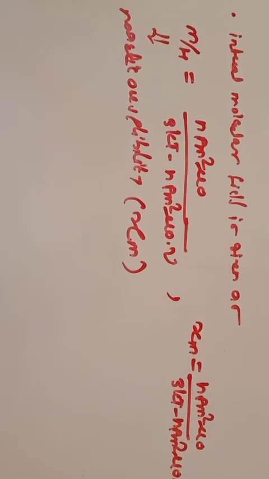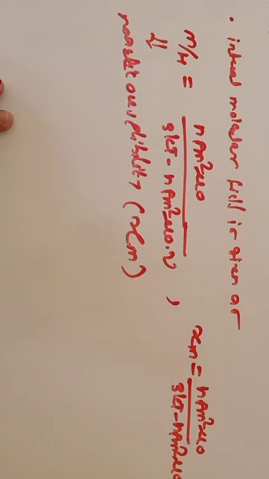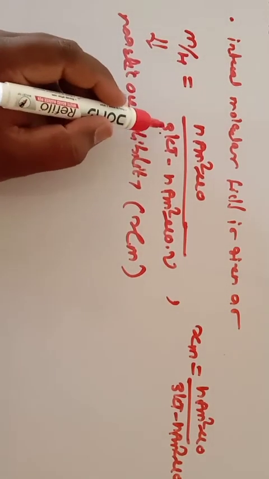So for our convenience, we slightly modify this equation by dividing, taking 3k as a common.